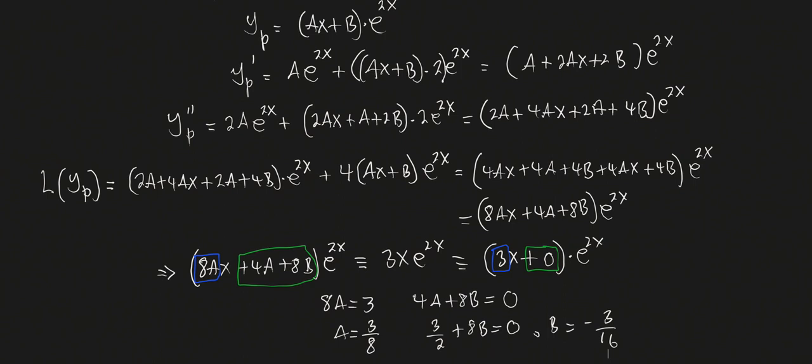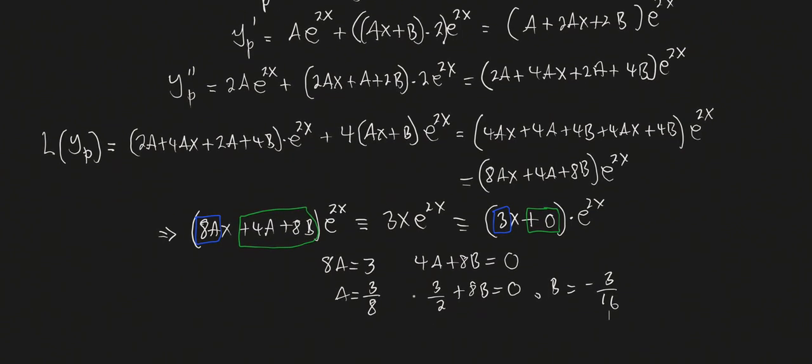So that tells me what my y sub p is. So therefore, the input that will produce the output based on this differential operator is the function 3/8 x minus 3/16 times e to the 2x.